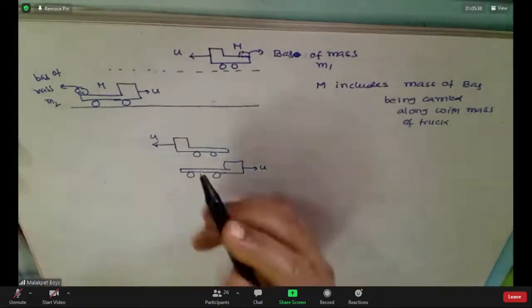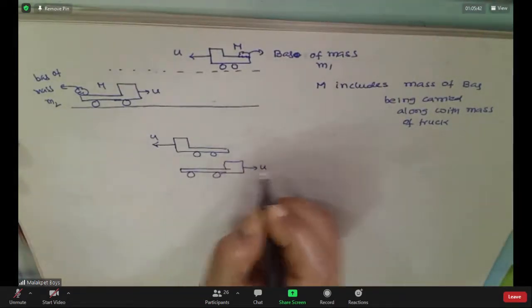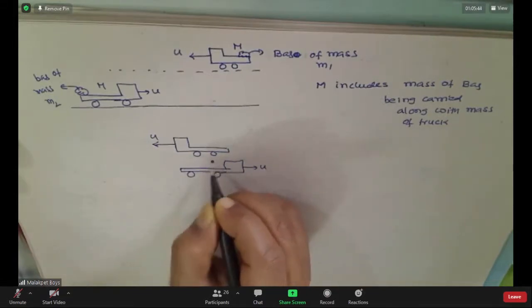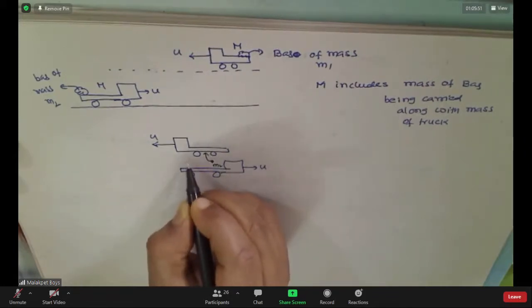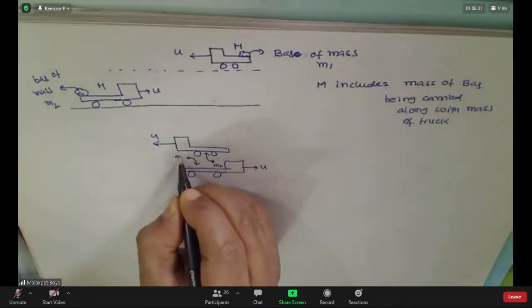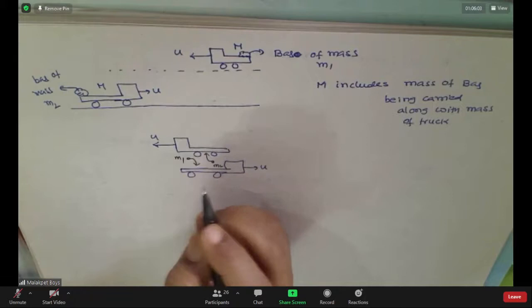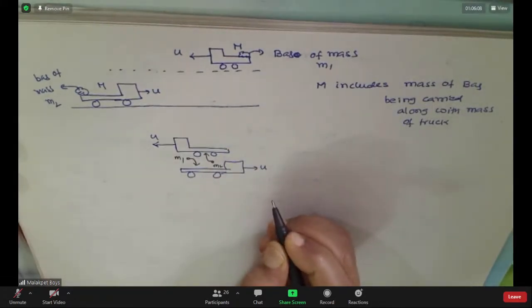This is one bag that goes into this M2, that is thrown like this, and that bag is thrown into this M1. That means they exchange the bags. Clear?